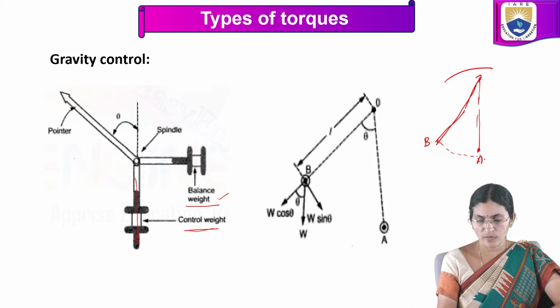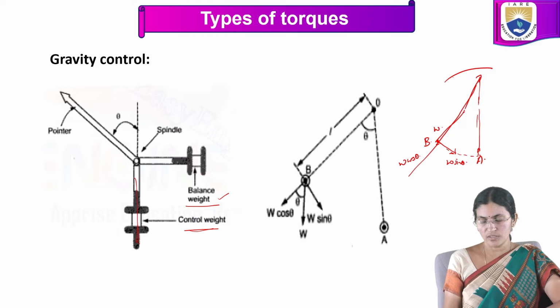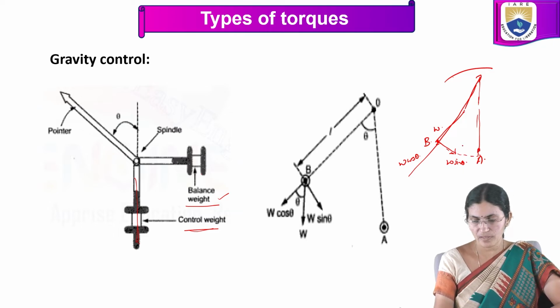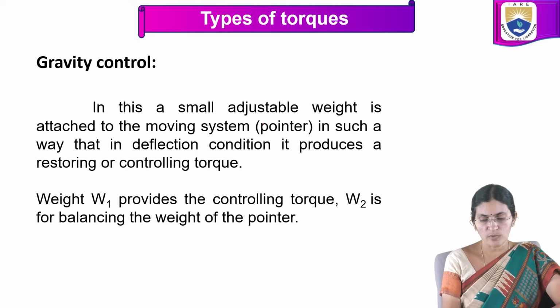We can resolve this control weight into two components. Along this one is W cos theta and the other component is W sin theta, which tends to restore the control weight to its original position. You can see here a small adjustable weight is attached to the moving system in such a way that in the deflected condition it produces restoring or controlling torque.